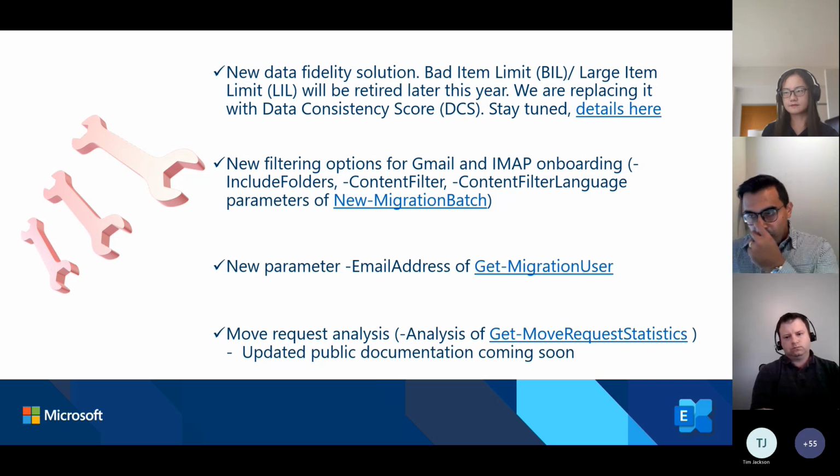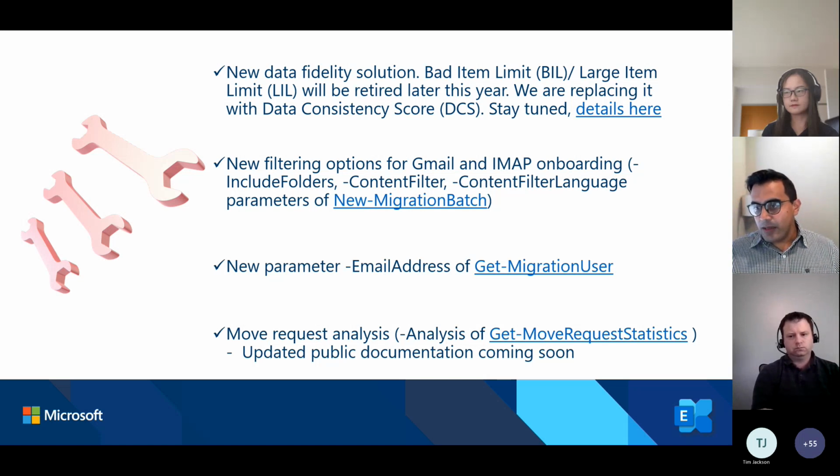This is only available in cloud-based, or in EXO. The value for this particular parameter is a supported culture code value from the Microsoft .NET Framework CultureInfo class. So if you click this link, you'll know more about it.